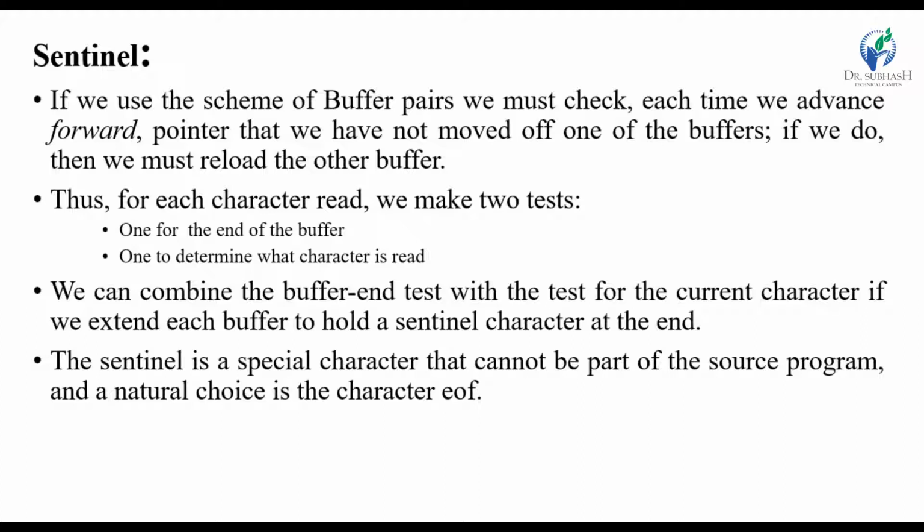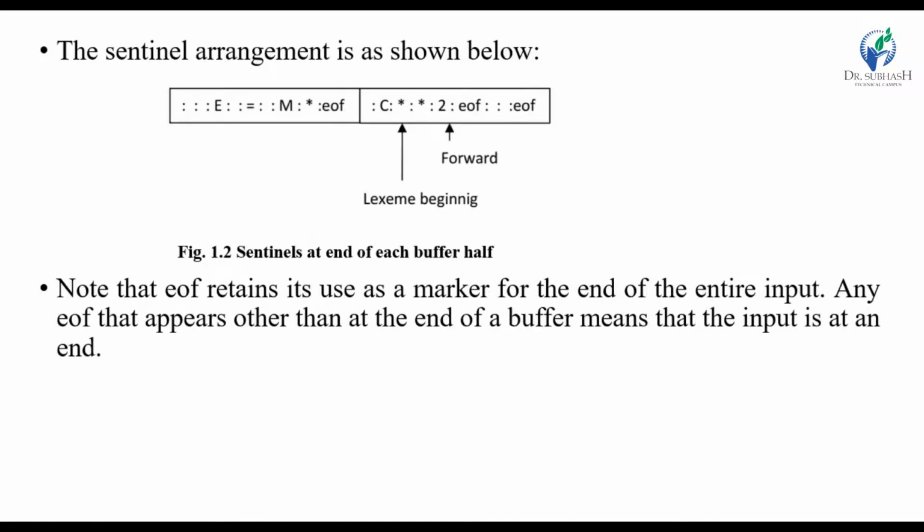If we extend each buffer to hold a sentinel character at the end, the sentinel is a special character that cannot be part of the source program, and a natural choice is the character end of file. So in the sentinel case, there are two buffers.